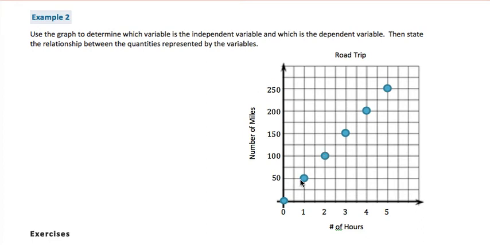So the number of hours must be our independent variable. And our dependent variable would then be the number of miles.